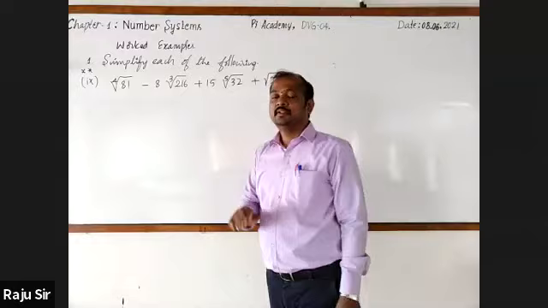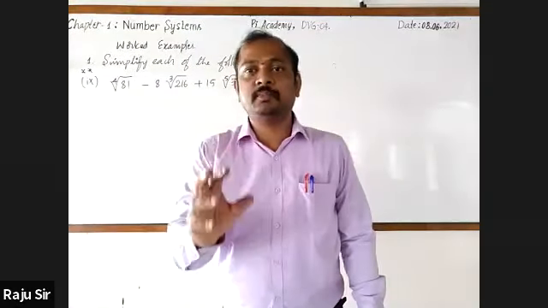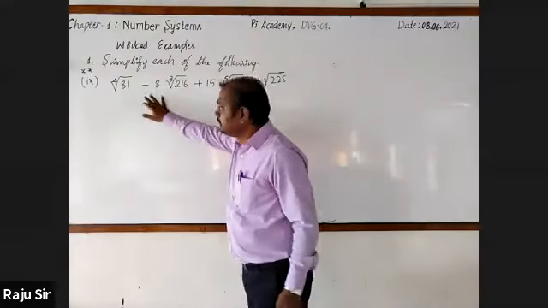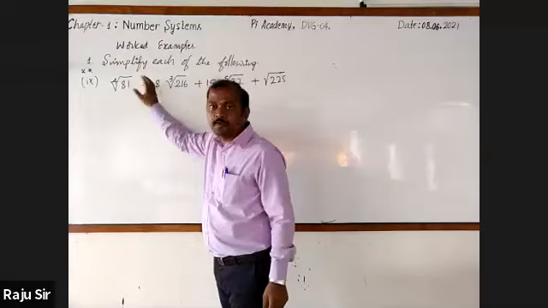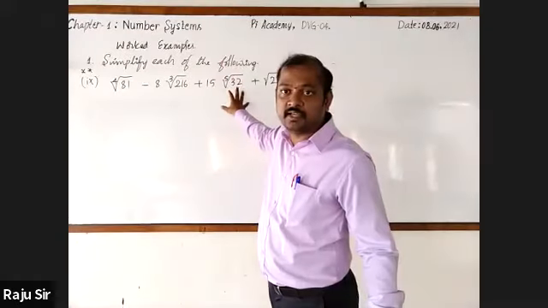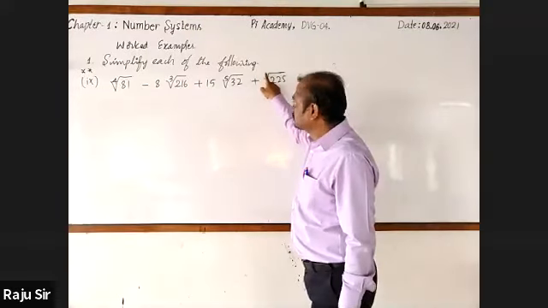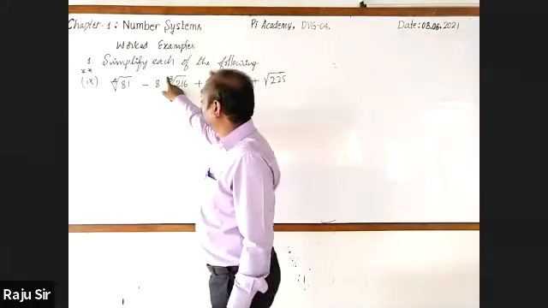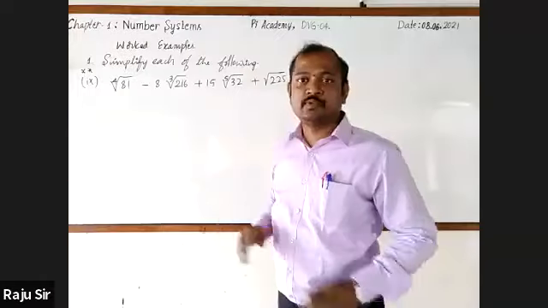No, sir. They're also unlike. A simple observation is that this is a problem in which different order numbers are there: square root, cube root, 4th root, and 5th root. All 4 are there. Now let us go for simplifying.